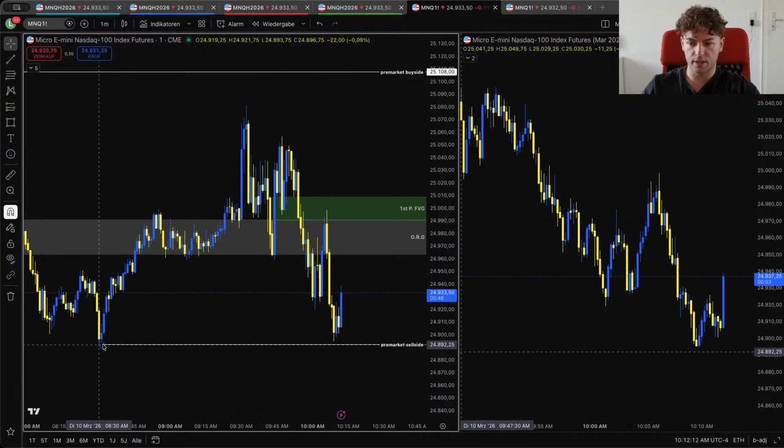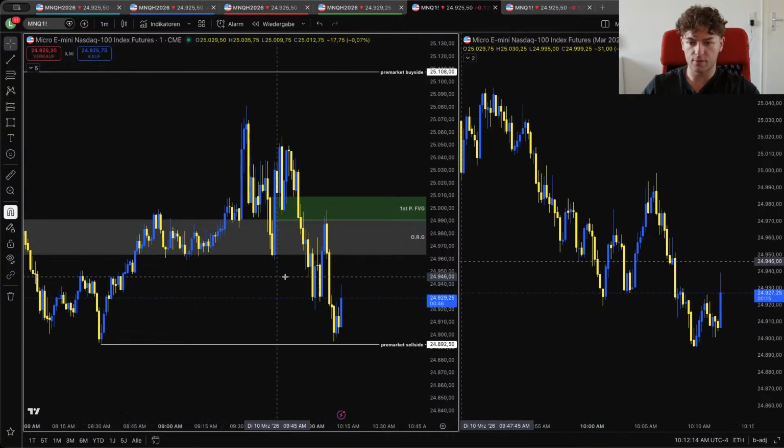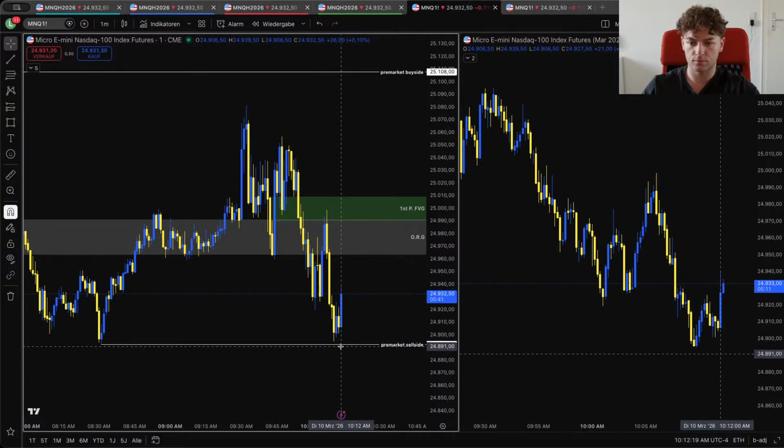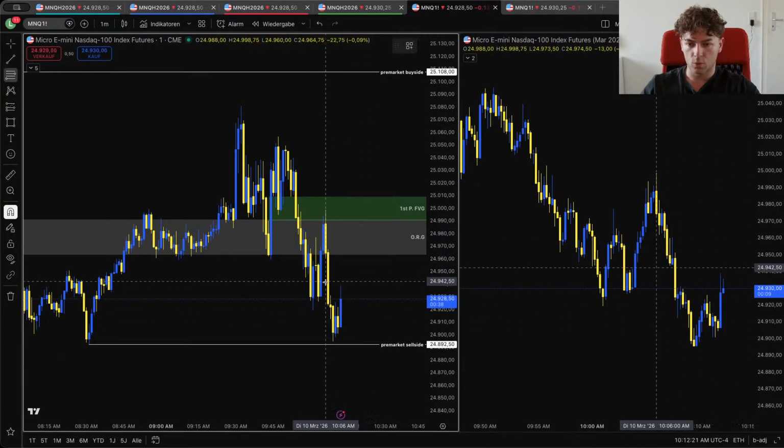So I guess when we take out this sell side, retail definitely is shorting and going short. Now watching this fair value gap.